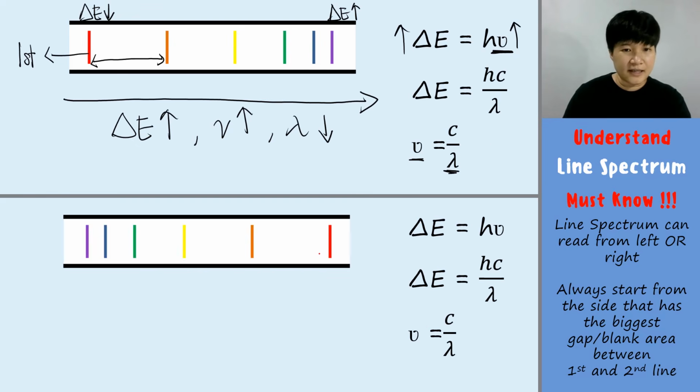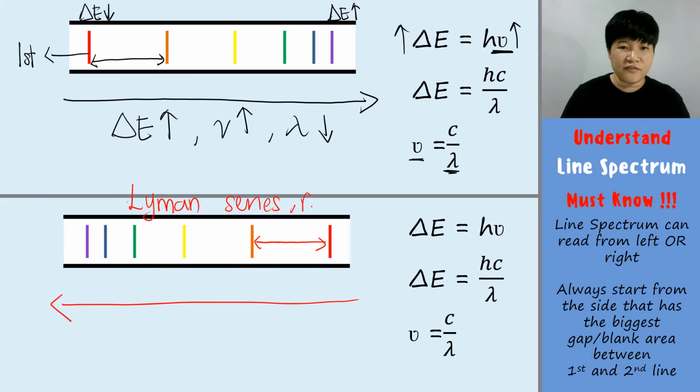While for the second line spectrum, the biggest blank area is on the right hand side. Therefore, you will start reading from here. So let's say this is the line spectrum for your Lyman series. Lyman series means n final equals 1. So this is the first line. First line means the transition that produced this line will be n equals 2 dropping to n equals 1.